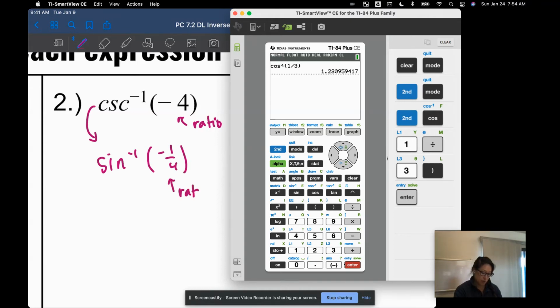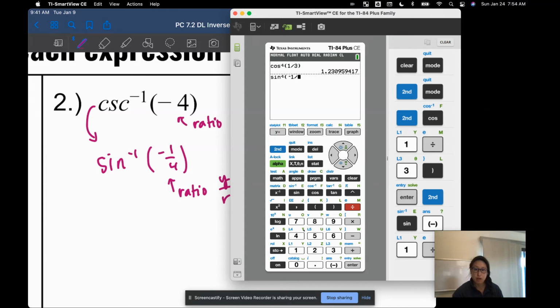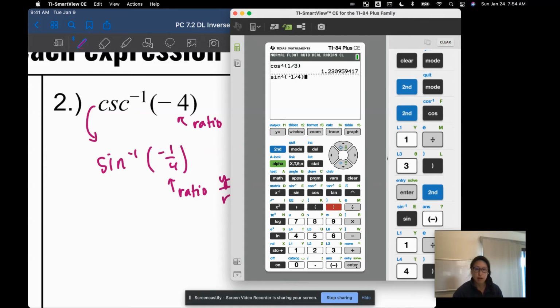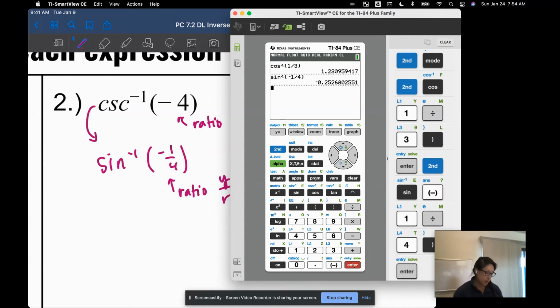So now this new ratio would be y over r. In my calculator, I'm going to type in sine inverse of -1/4, or -0.25 you could have used, is going to give me this angle.